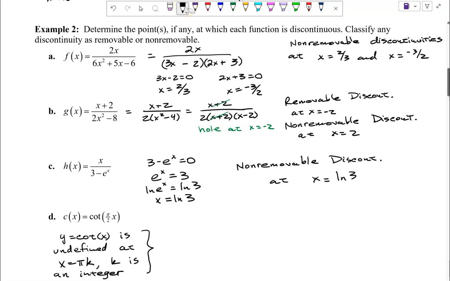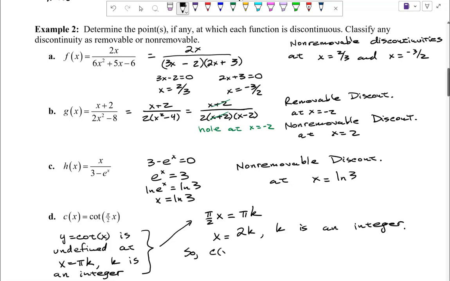So now we can take this information and just notice that if we allow the argument pi over 2x to equal pi k, where k is an integer, and solve for x, basically multiply both sides by 2 over pi, we're going to get x equals 2k, where k is an integer.